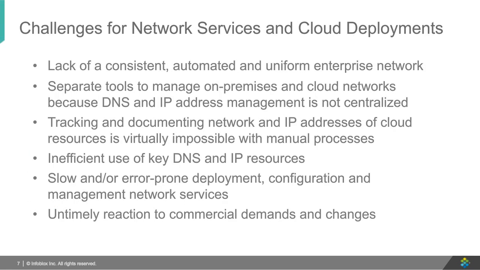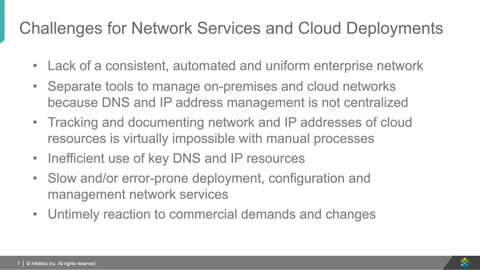What are some of the barriers that we've seen and been told about that exist for network services in the cloud? I'm not going to read all of these to you, but you can see there's a bit of a trend here: lack of a consistent and automated enterprise network. If the network is chunky, rolling out enterprise-grade services is also going to be difficult. Discrete tools for different products.